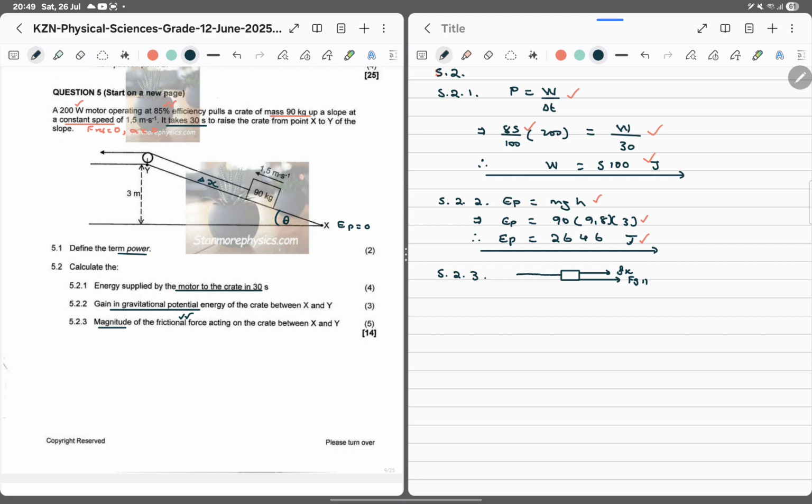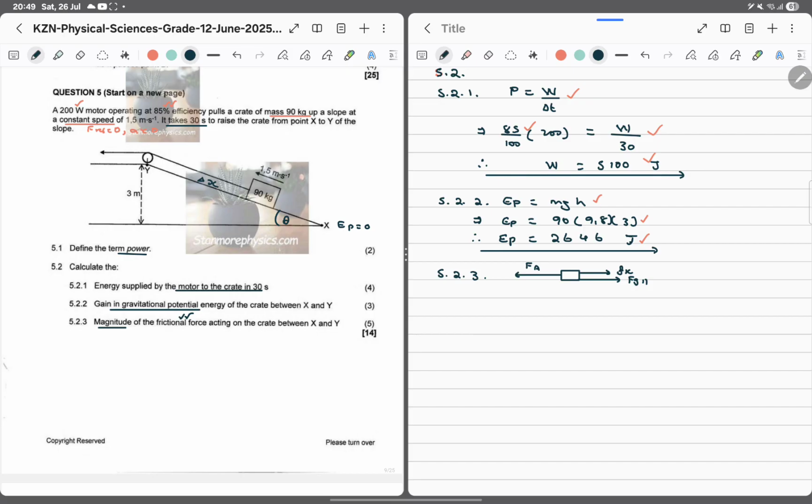And this is going to be the force of the engine that opposes those. But now the sum of the kinetic frictional force and the parallel component of the gravitational force are balanced by the force applied.